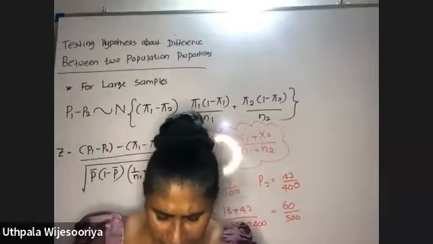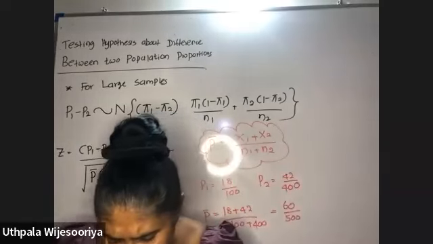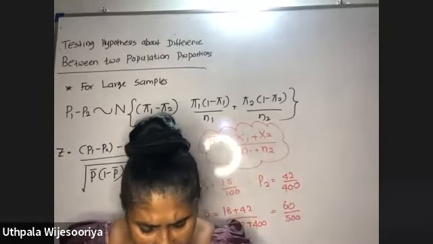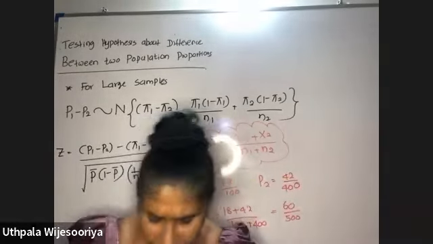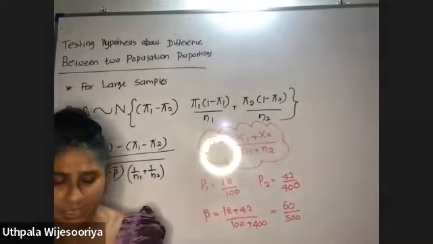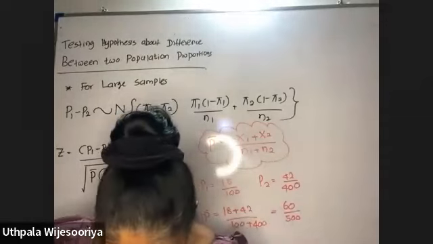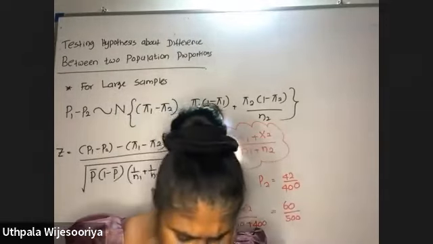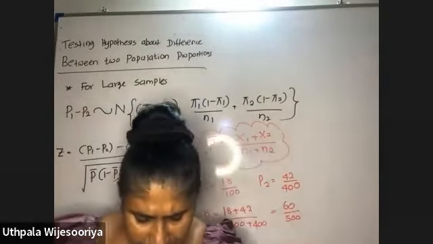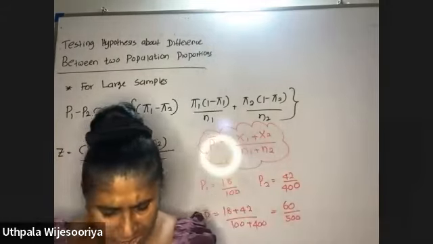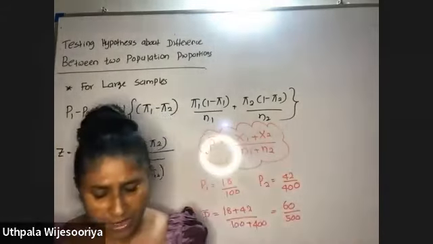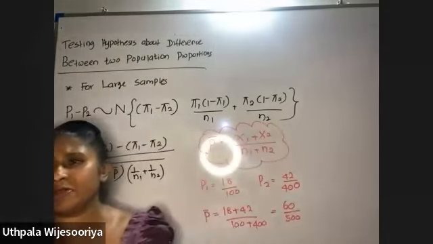It is found that 250 items from machine A and 100 from machine B were defective. Defective proportions are there. So test the hypothesis that the defective percentage of the two machines is significant or not at 5% level of significance.